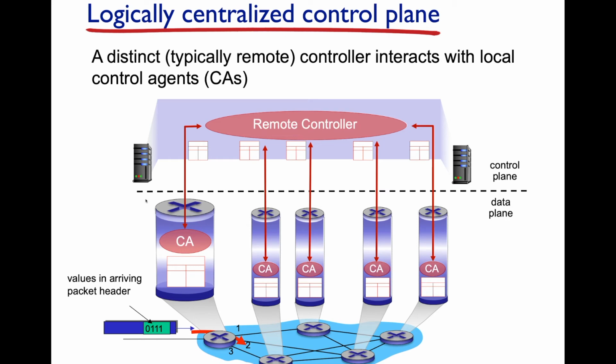And so the data plane down below the dotted line consists, in the software-defined networking regime, of the routers and these control agents. And these control agents phone home, as it were, to the controller. And the controller runs a bunch of algorithms for things like establishing paths and routes and all kinds of things. And that's called the control plane.